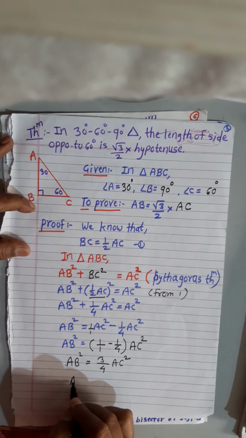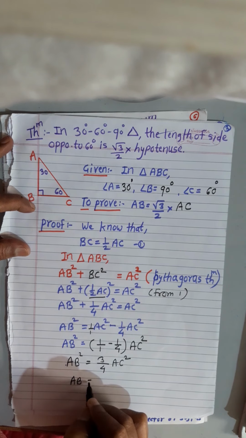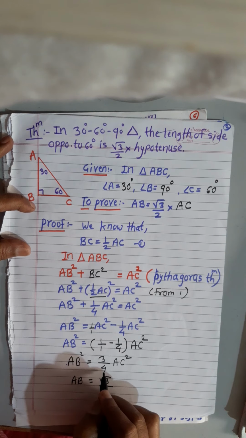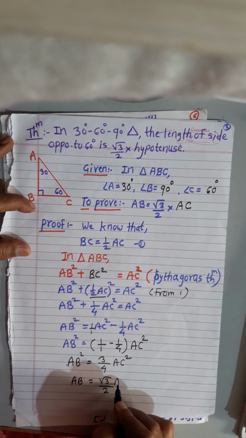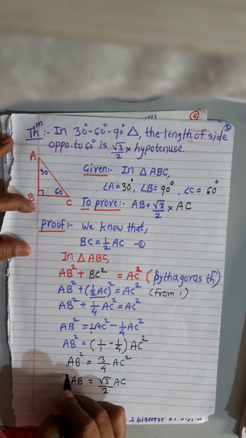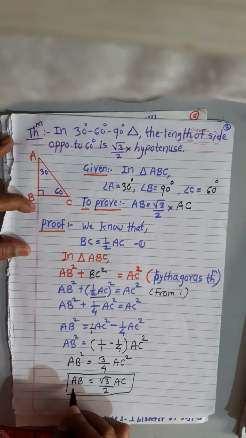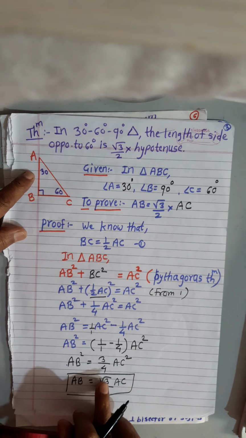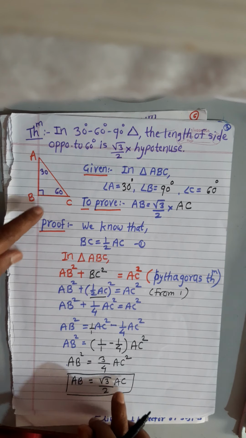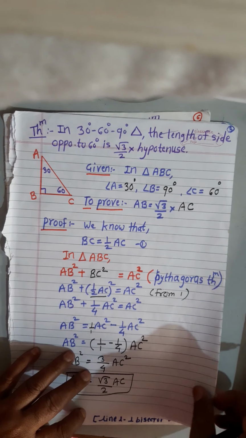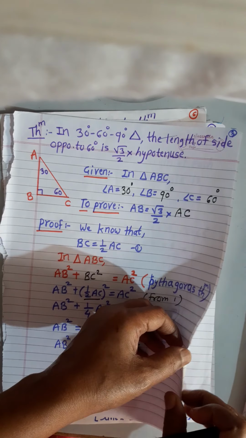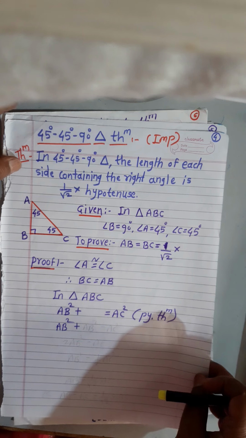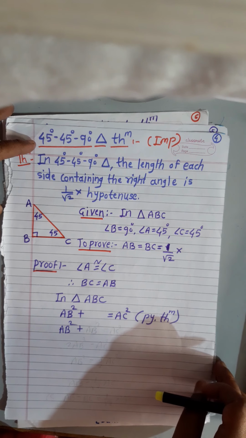Taking square roots of both sides, we will get AB equals, square root of 3 is root 3, square root of 4 is 2, and this AC. That means the side opposite to 60 degrees is root 3 upon 2 into the hypotenuse. Now, the next theorem is also important, which is the 45-45-90 theorem.